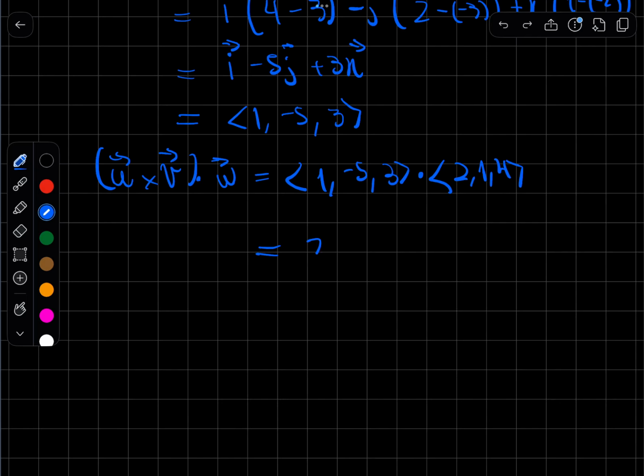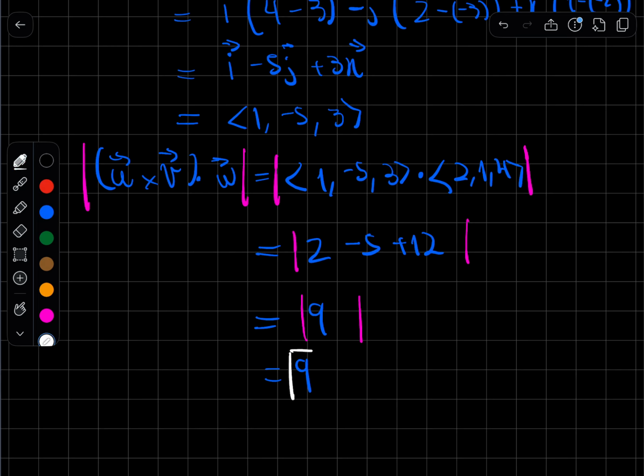That's going to be 2 minus 5 plus 12. What will that be? 14 minus 5, that would be a 9. Absolute values, just to be safe, but it doesn't matter here because 9 is positive. So the volume of the parallelepiped is 9.